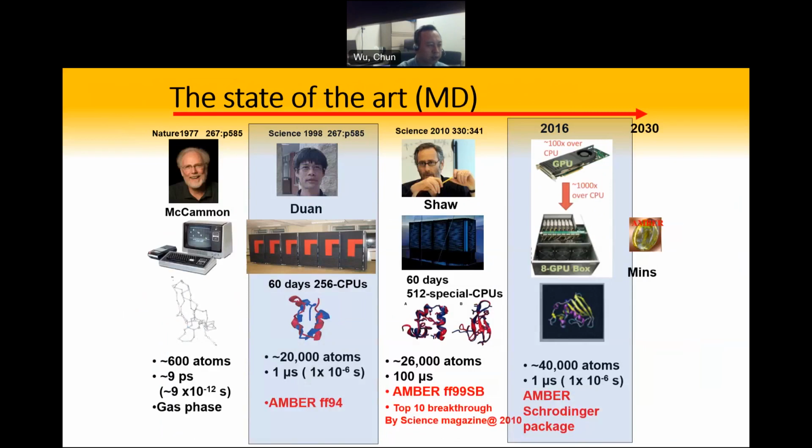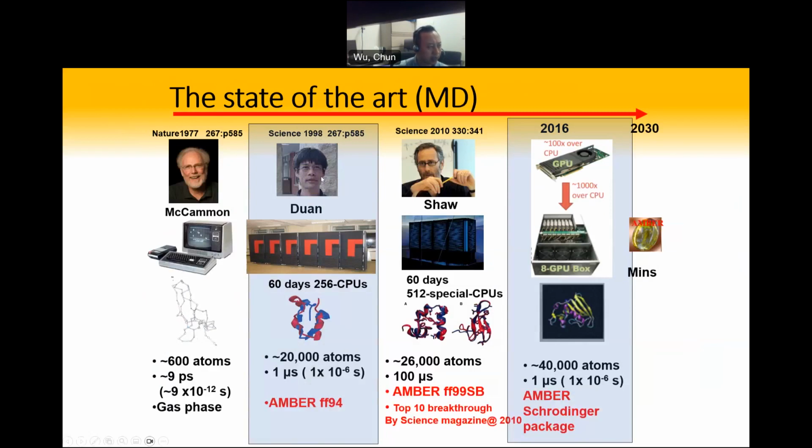I want to give you a brief history of molecular dynamics simulation. It literally started 40 years ago, when Dr. McCammon used an Apple computer to simulate some particles in gas phase for a very short period of time.